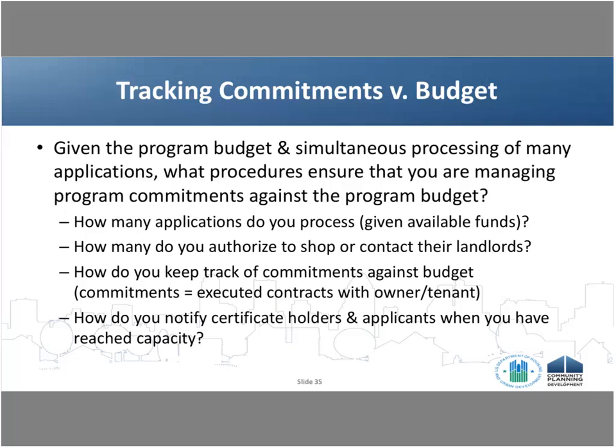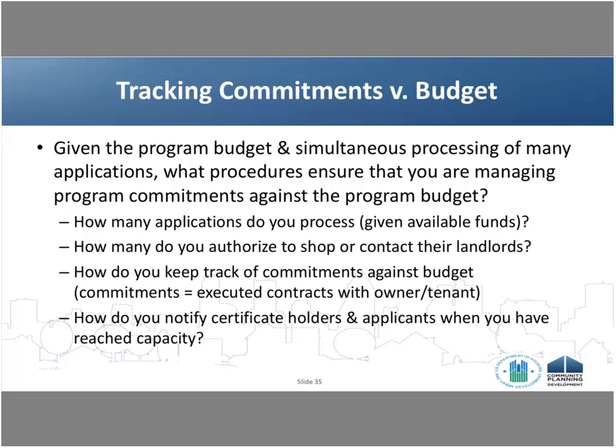How will you keep track of everything that you've put out there, and how will you make certain that you're fully utilizing but not overutilizing the budget that you've allocated? You need to think about how many applications you process at one time given your available funds. How many do you authorize, how many applicants do you authorize to shop or contact their landlords to initiate that process? How do you keep track of commitments against budget?